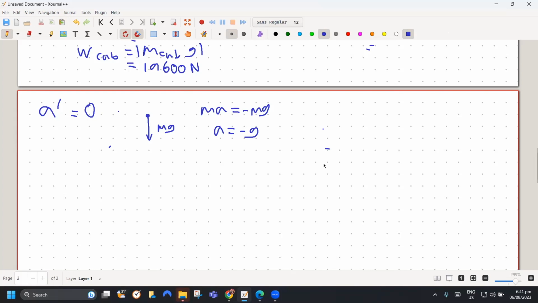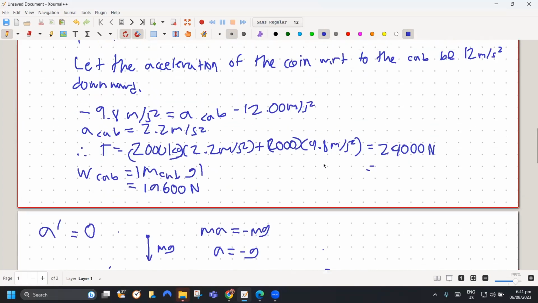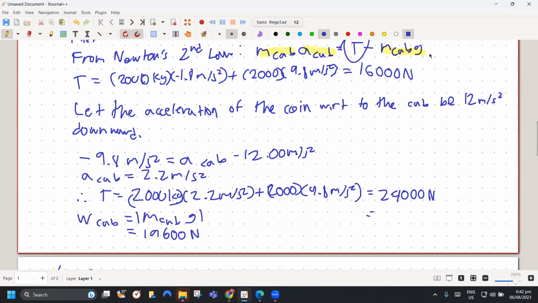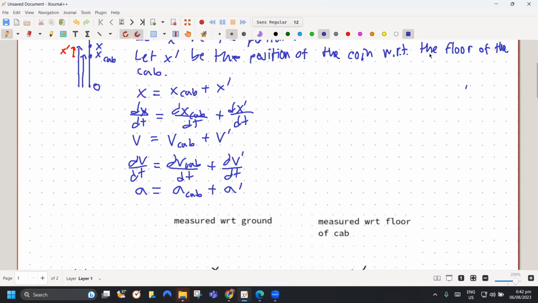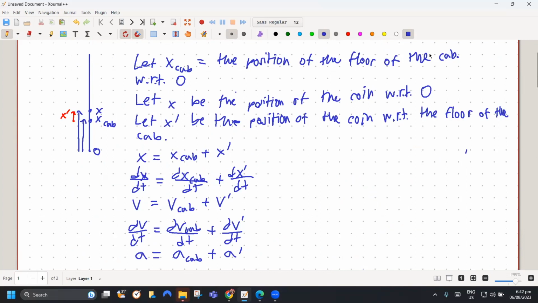Tingnan mo ulit, from the first part pa. Yan.